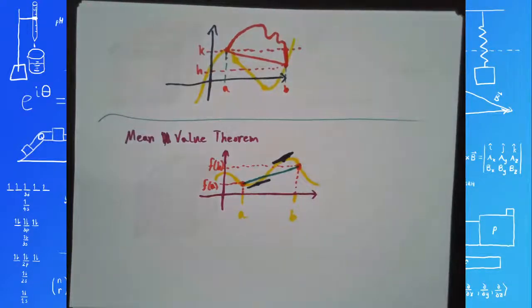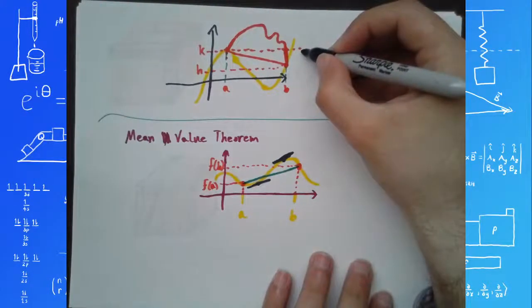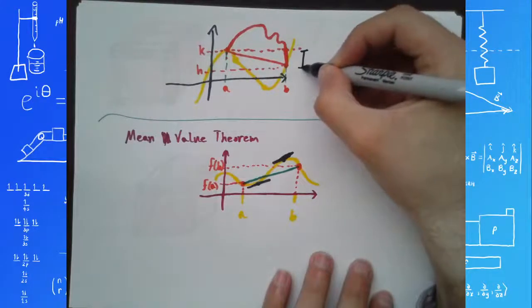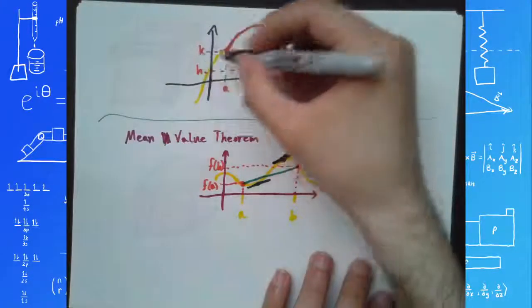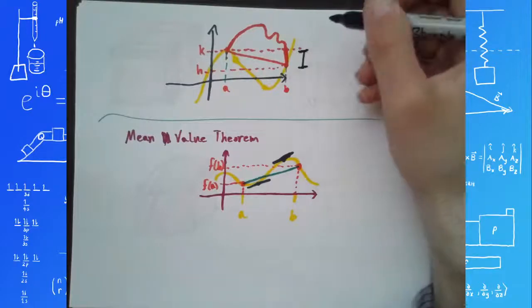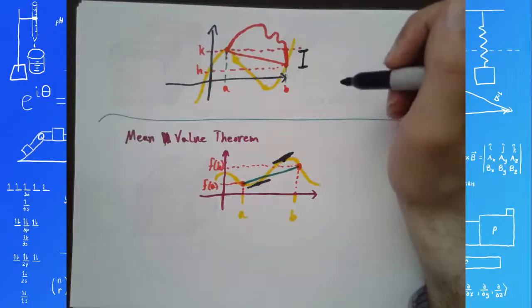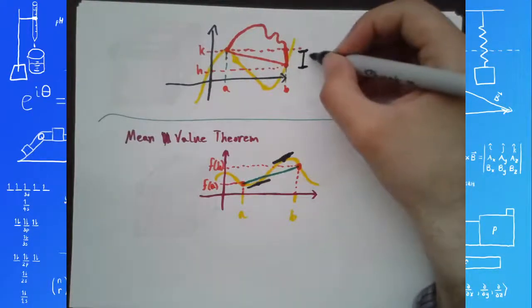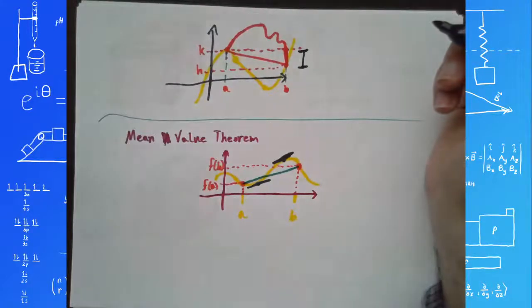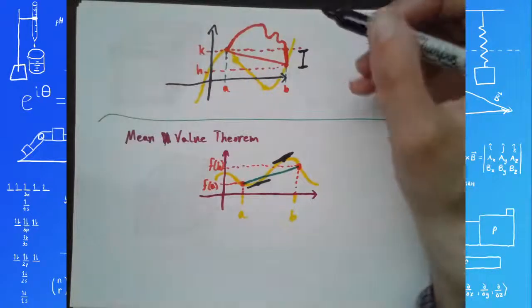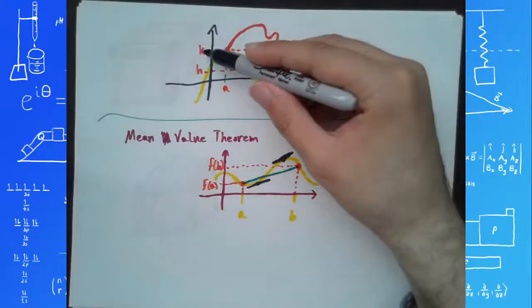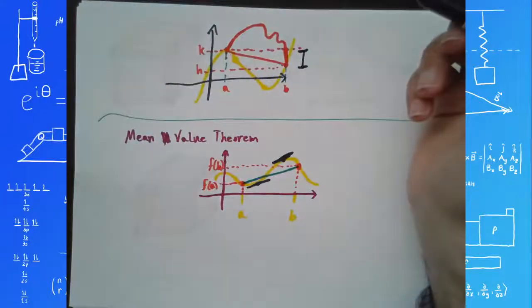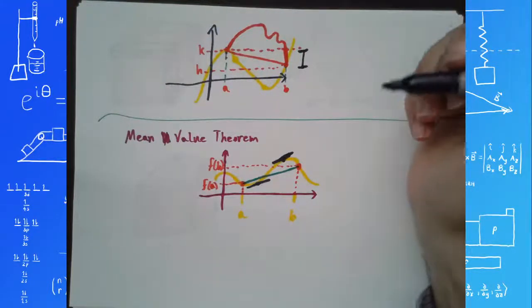The slope of the secant line would just be this difference right here, the difference between h and k in my earlier example of the intermediate value theorem. That's what the slope of the secant line would end up representing. The slope of the secant line would represent the value of k minus h, if I'm thinking about this correctly.